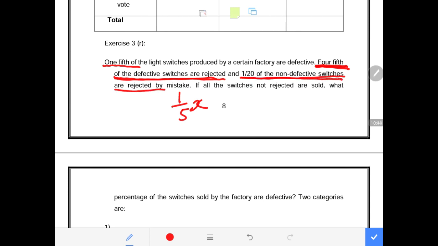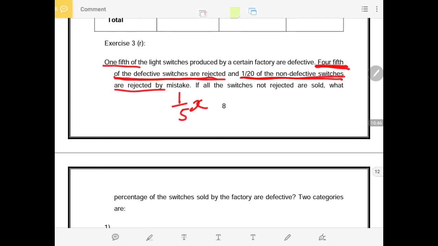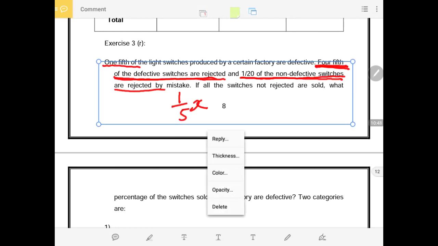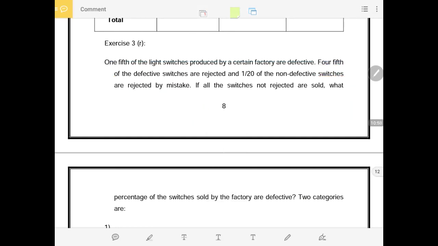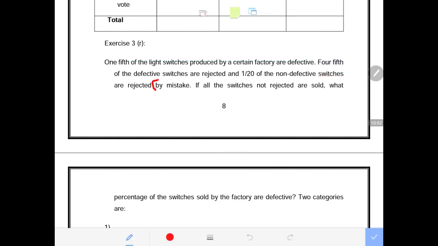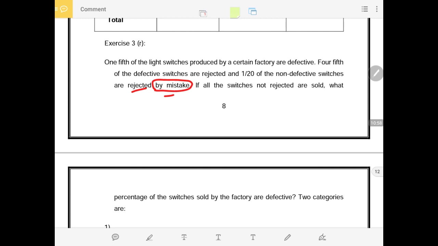Either they are rejected by mistake or not, at the end of the day, they are rejected. That's what is important. So we don't need another column that says rejected by mistake, because something that is rejected remains rejected, either by mistake or not.